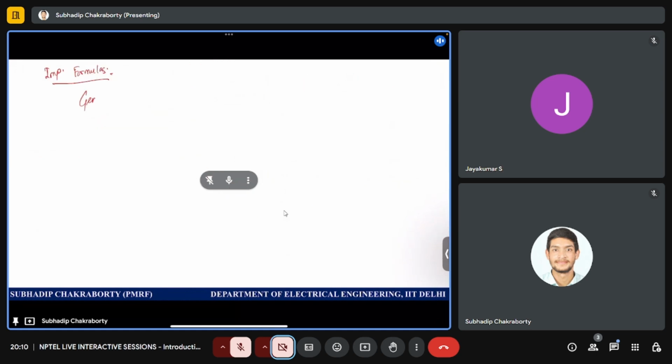So for the generator, the power can be written as EF Vt by Xs sine delta. Just assume Rs or Ra, armature resistance, to be almost zero. So this is a simplified form, right?